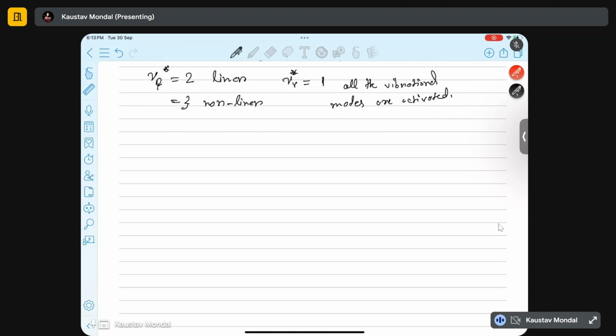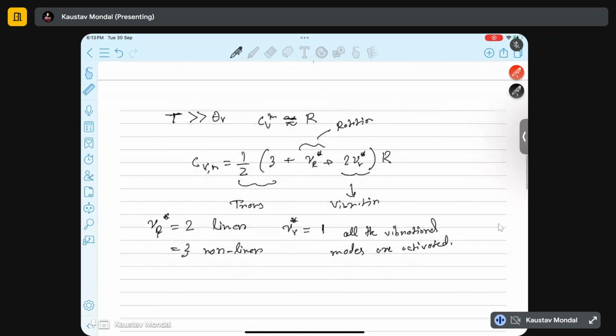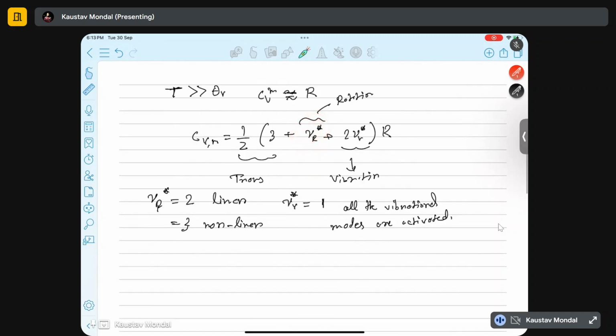For the rotational part, we first checked whether the molecule is linear or non-linear. Depending upon that, the value of nu r star is decided. So for the linear case, we took it equal to 2, and for the non-linear case, we took it equal to 3.